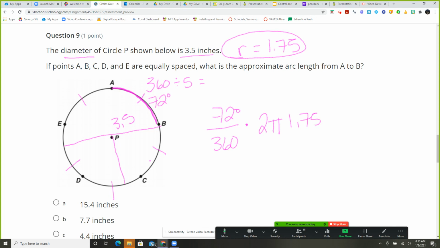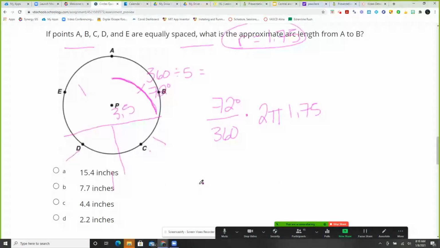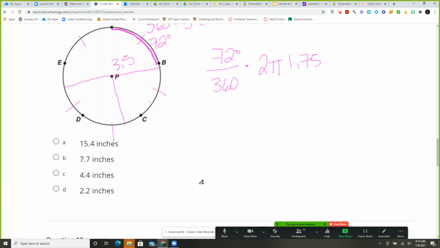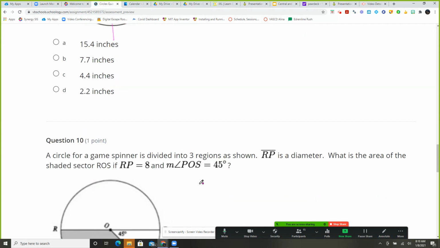There are a lot of pieces of information to figure out in this problem. 72 divided by 360 times 2 times pi times 1.75. I'm tired. And what is the best answer? Anybody got an answer for that? Absolutely. Thank you.